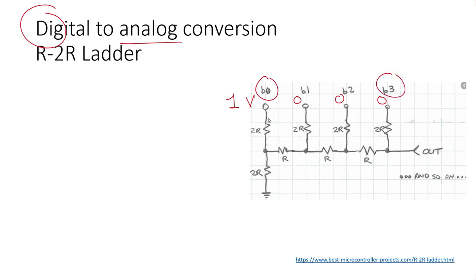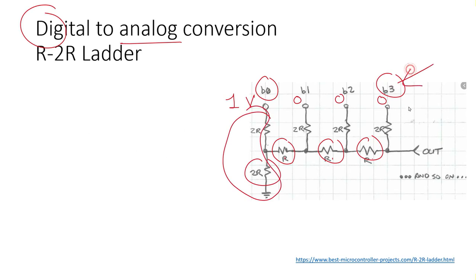What makes it the least significant bit is the traveling through these R's. So this 1 volt will be dropped across R and this parallel combination of R. This will be dropped 4 times more than this most significant bit, so B0 becomes B0 by 16.